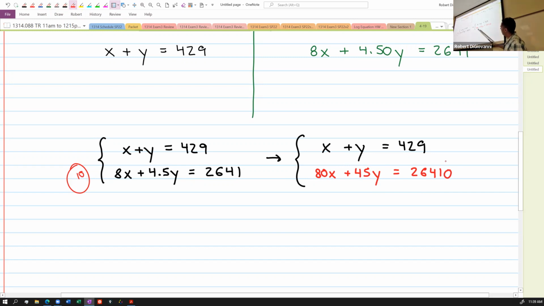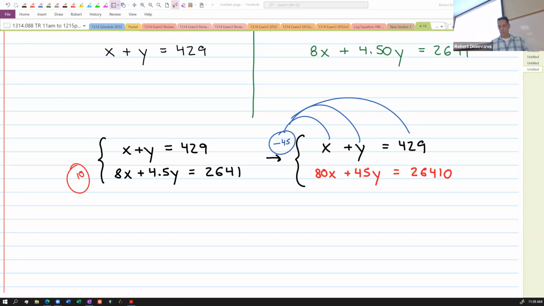All right, you want to kill the X's off or the Y's? I think it's about equal in terms of what it's going to take. So what do you want to go for? You want to get the Y's? Okay, if I'm going to kill the Y's, what am I going to have to multiply by? Negative 45 on the top equation, right? It's got to go through to everything.